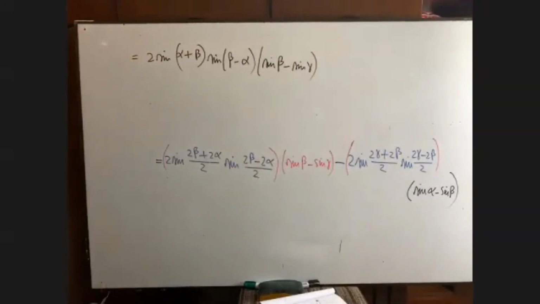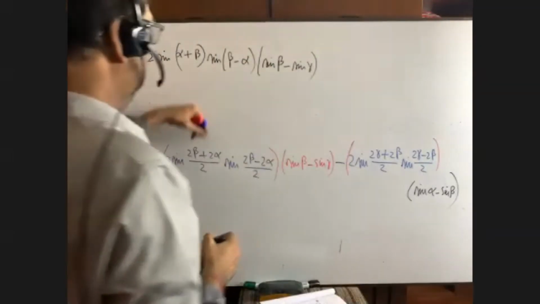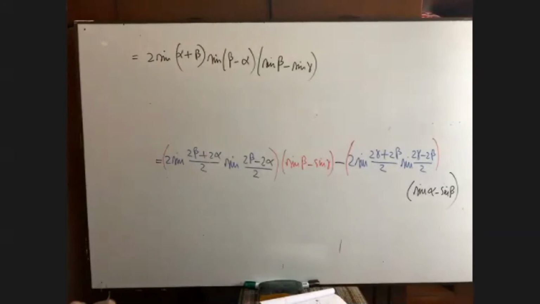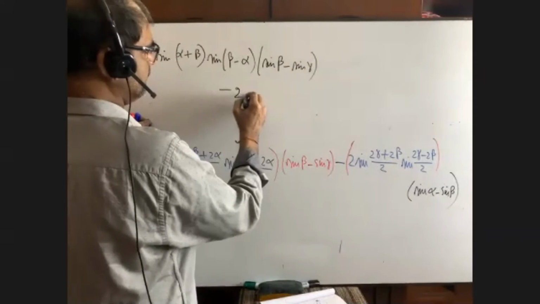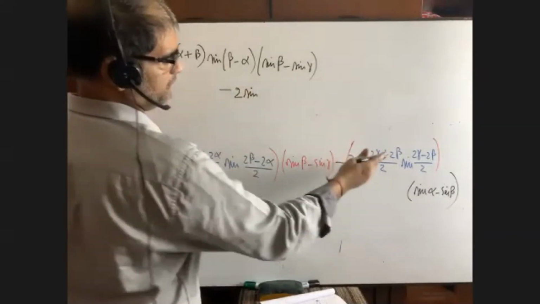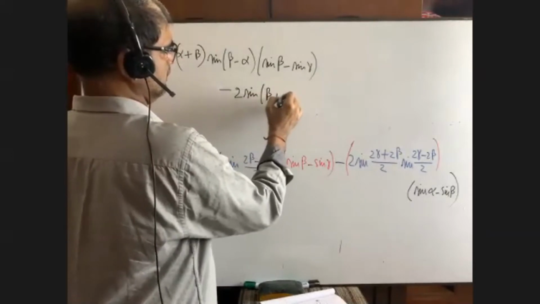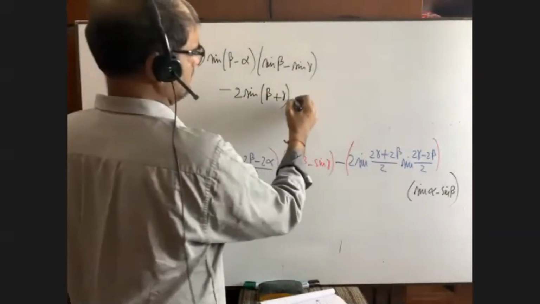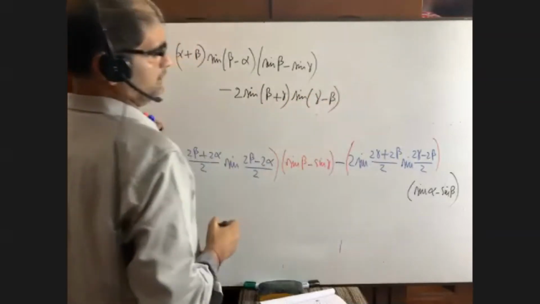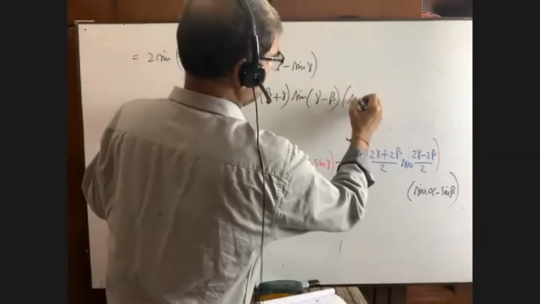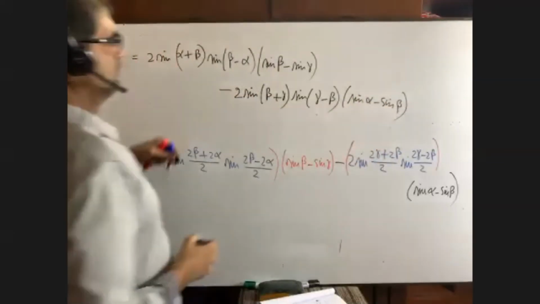Now again it is minus 2 sine (beta plus gamma)/2, sine (gamma minus beta)/2, into sine alpha minus sine beta.